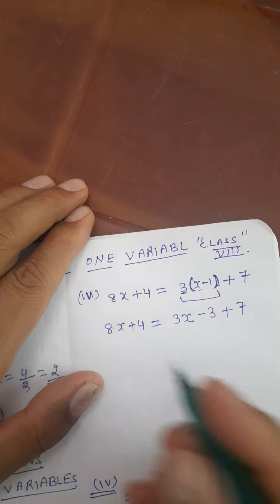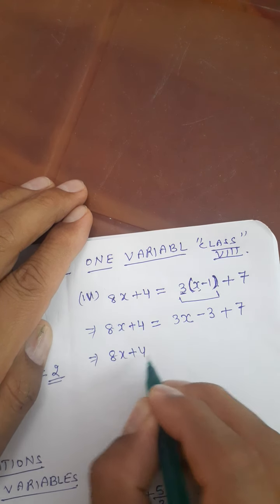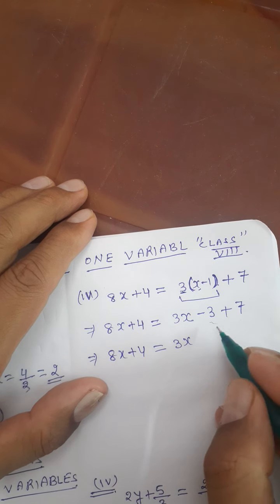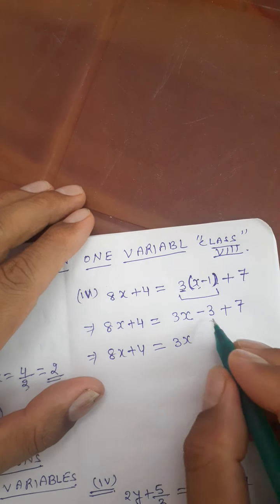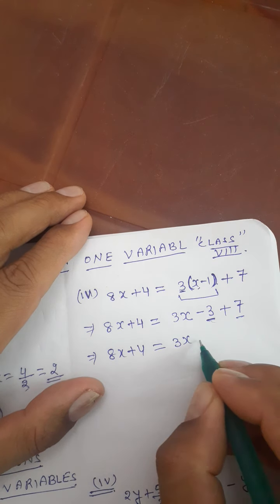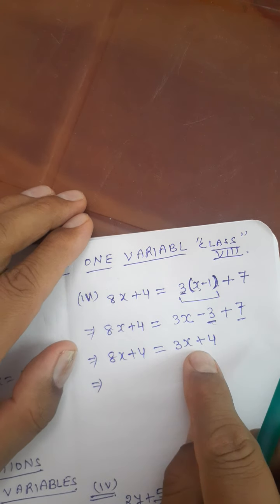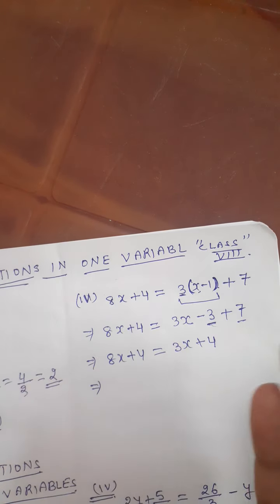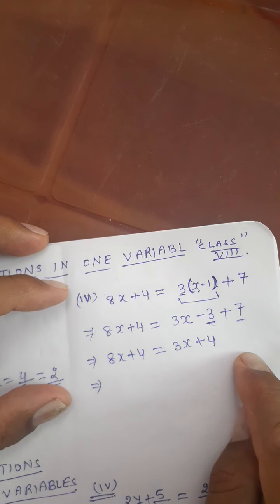First simplify both the sides. So it is 8x plus 4, and here we have two constants. As in 7th or 6th class you have learned how to add integers, -3 plus 7 will be 4. Now in this problem you need to rearrange variables on one side and constants on the other side.